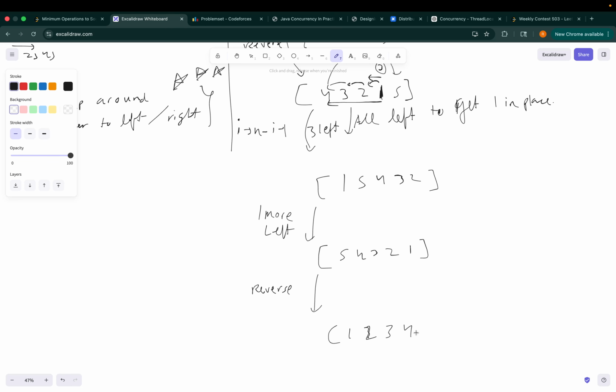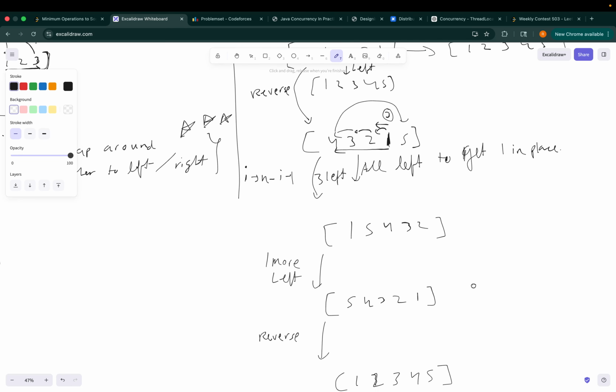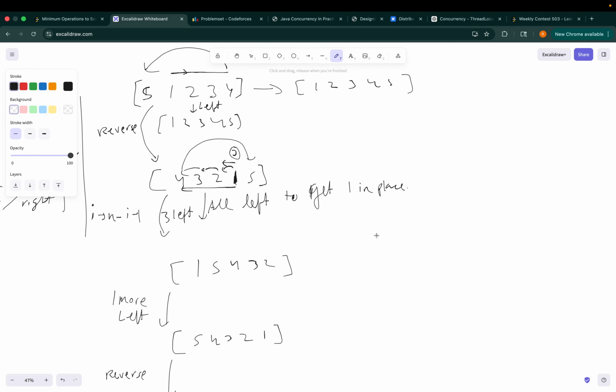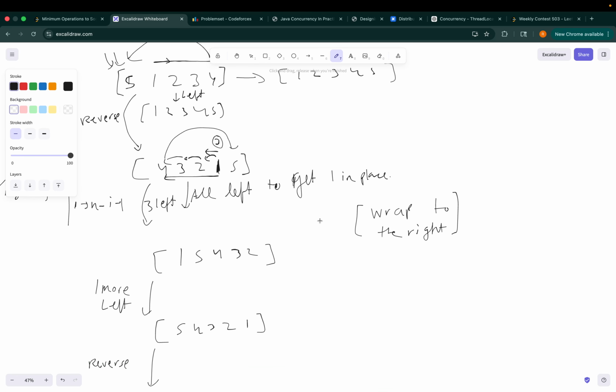So this is another way to get your array sorted. The default rule here is that if your array wraps to the right, as we saw here, there are two choices.